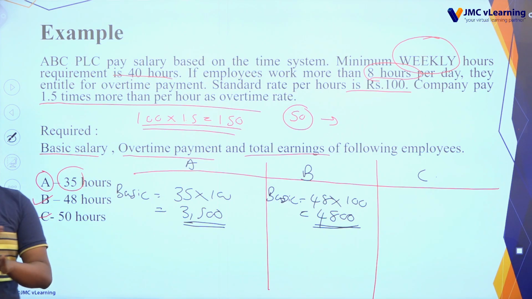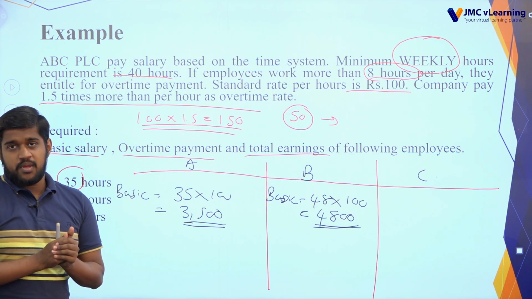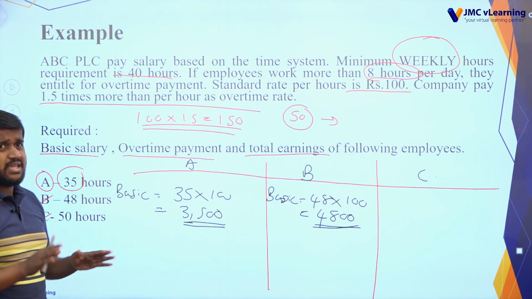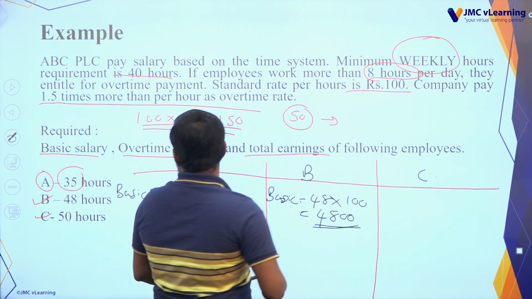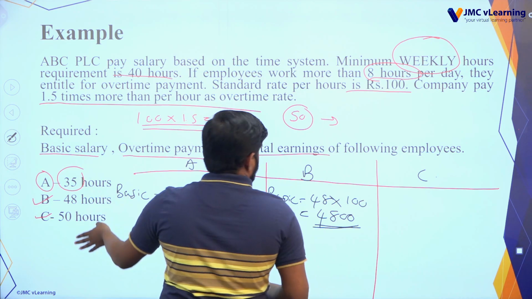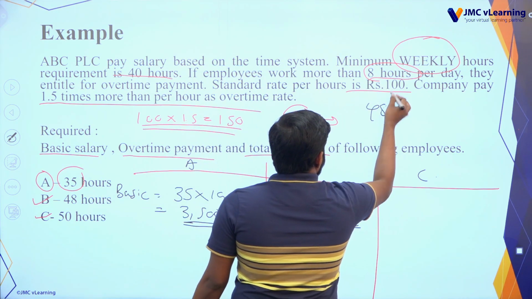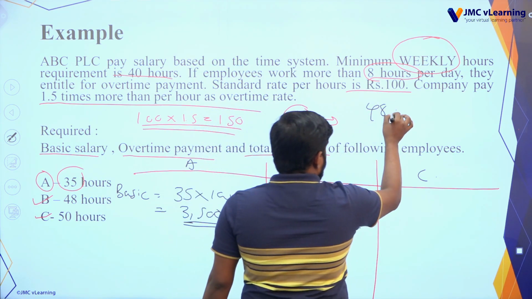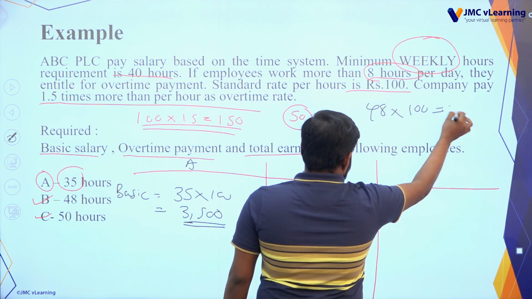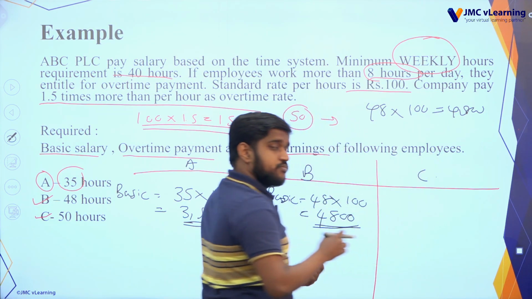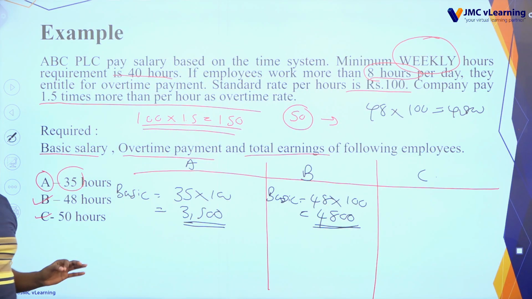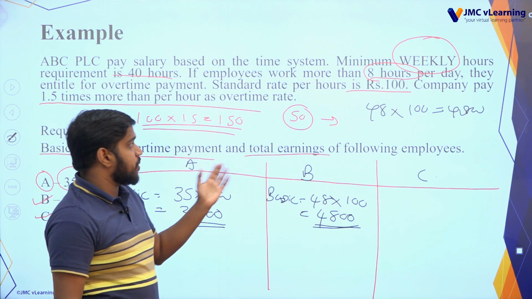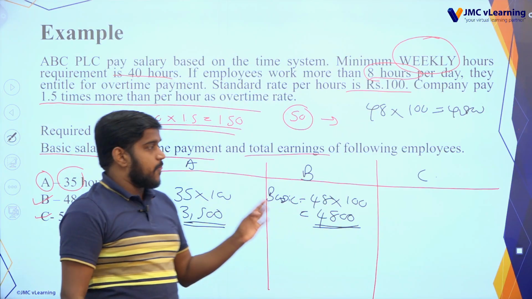Okay. Then normally, let's assume this organization doesn't pay any overtime payment. They don't have any idea to pay overtime payment. In a situation like this, if B works 48 hours, this employee is entitled to get 48 multiplied by 100, 4,800. No? Since this employee works 48 hours, definitely we need to pay for these 48 hours.